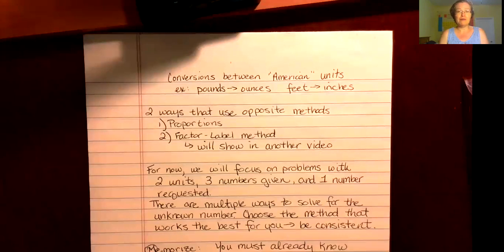There are two main methods that I typically use for teaching. One is with proportions. The other, which we use more when I'm teaching chemistry, is the factor label method, also known as the dimensional analysis method. I used to teach just the factor label method to both my chemistry and my nursing students.